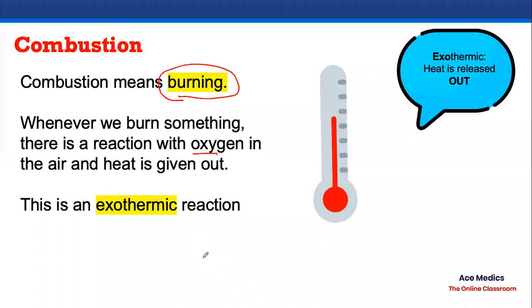So when you burn something with oxygen, that is what we mean by combustion. So combustion is burning with oxygen. And when you burn it with oxygen, it's an exothermic reaction, meaning that heat will be released. Therefore, the temperature will go up for the surroundings, won't it? Because it's an exothermic reaction. So that's what combustion is, burning with oxygen, which is an exothermic reaction.